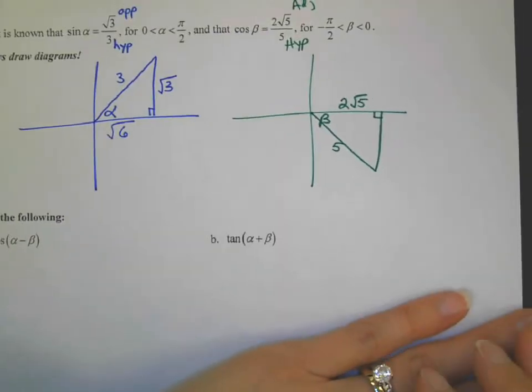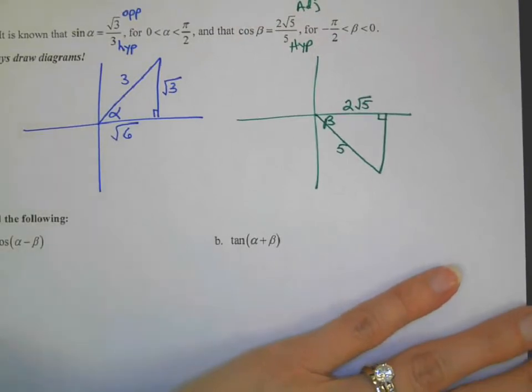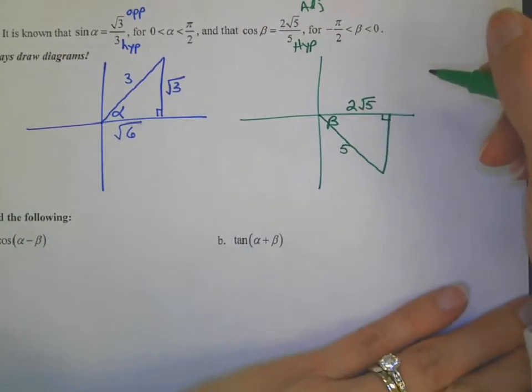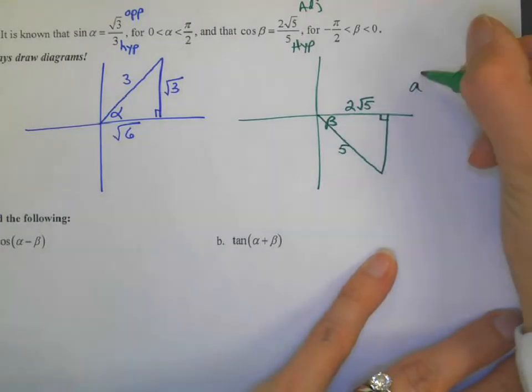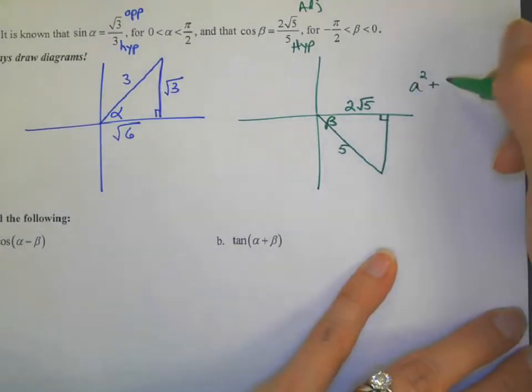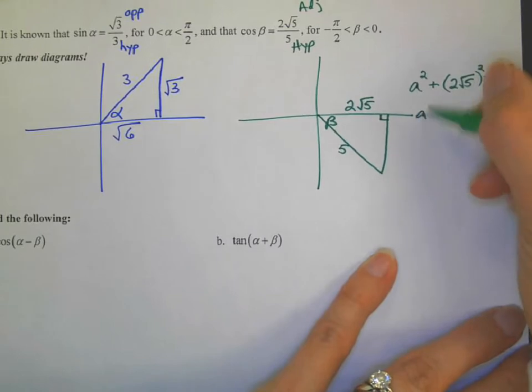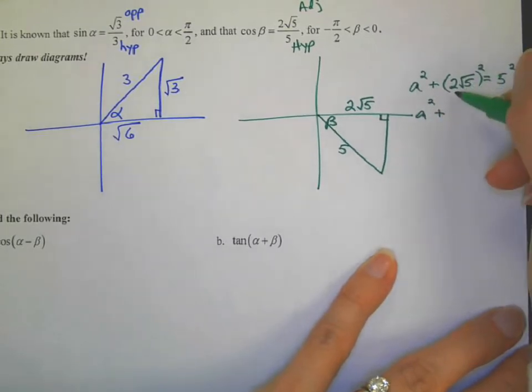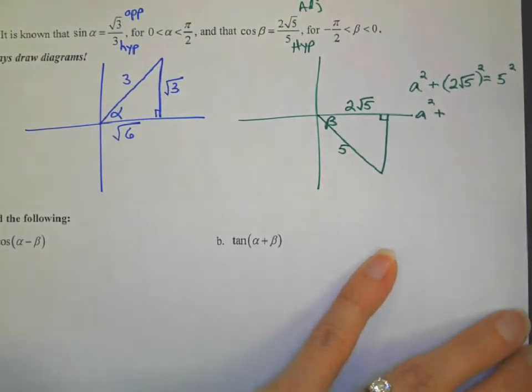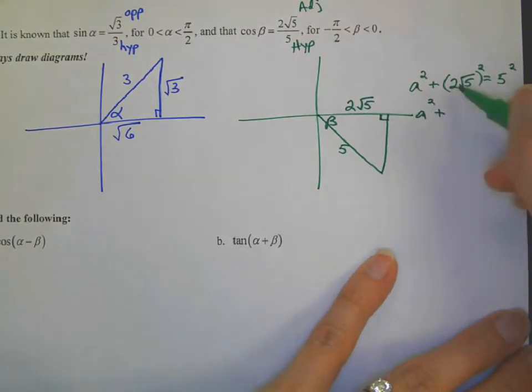Let's do a little Pythagorean theorem problem. So I'll say a squared plus, let's use parentheses, the b squared equals 5 squared. Alright, let's see, who's going to get squared here, the 2 or the radical 5? Yes, both of them.